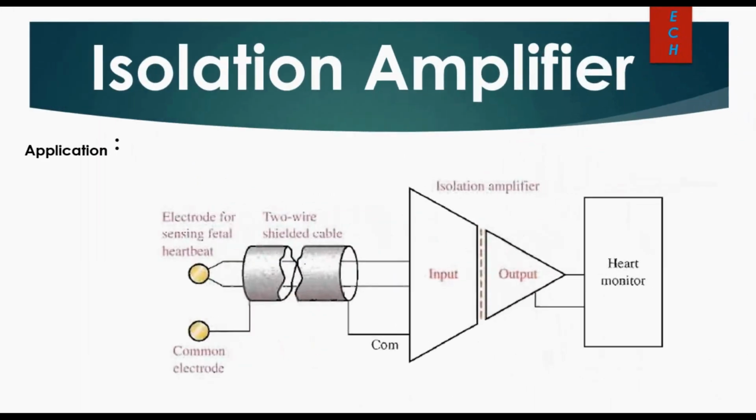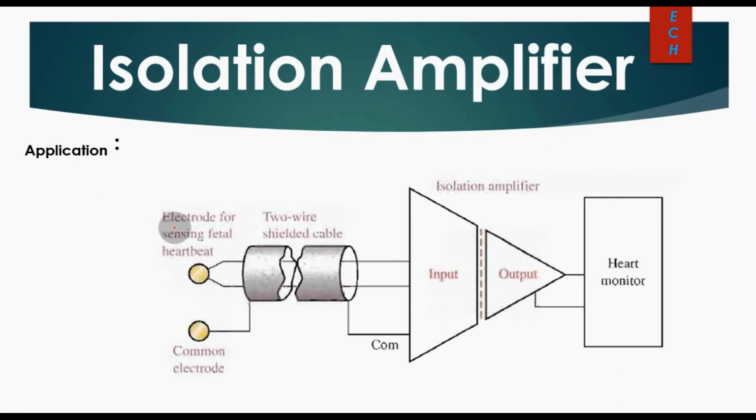Now let us understand the application of isolation amplifier, right? So basically if you talk about the medical industry, isolation amplifier is widely used in the medical industry. Let us say you want to monitor the heartbeat of a human, and for signal processing you need to have an isolation amplifier. So you can see these are two electrodes.